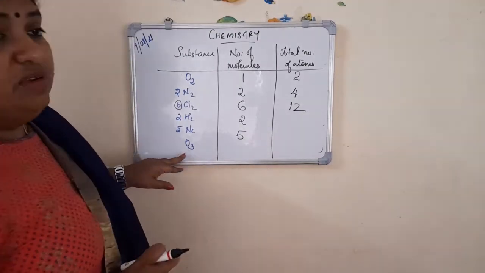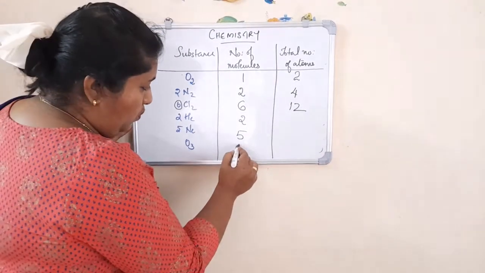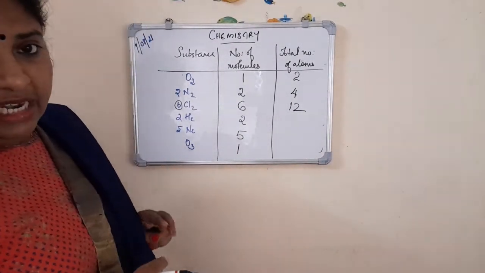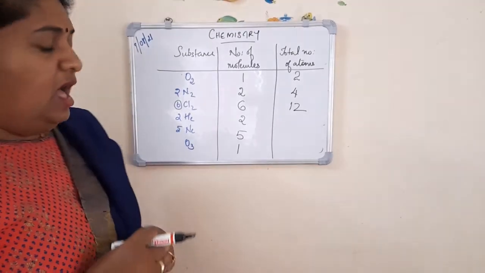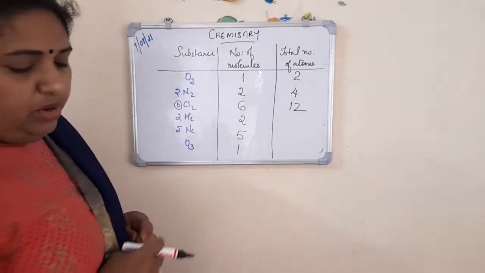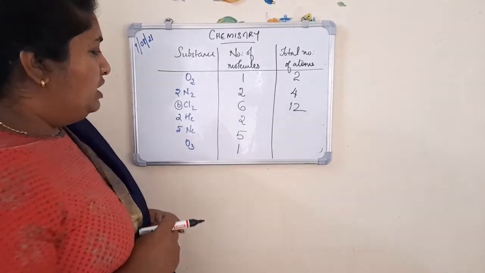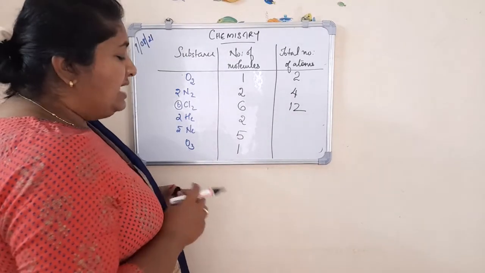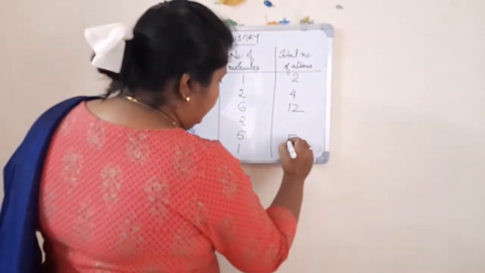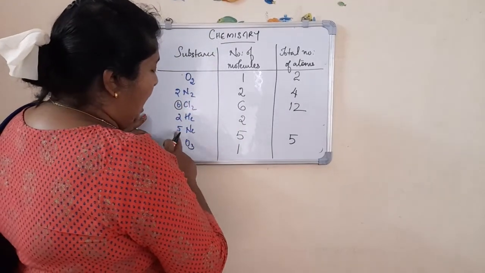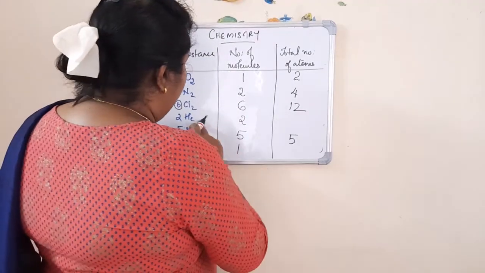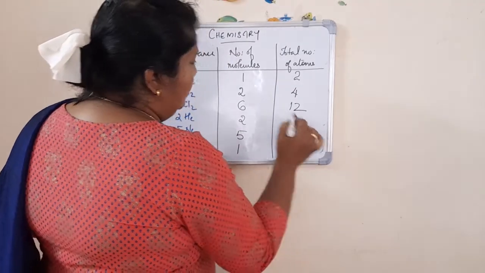Here how many molecules of ozone? 1, isn't it? Even if it's not written there, you have to understand that it is like one molecule. Now what about the number of atoms? 3, isn't it? And what about here? It is 2.